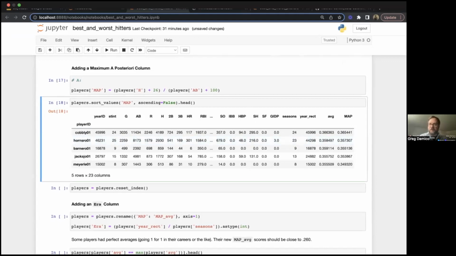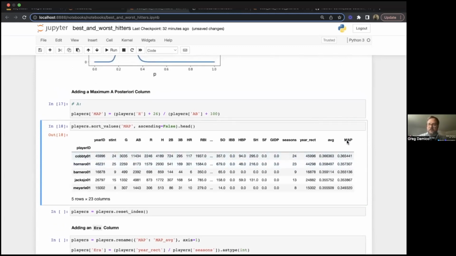Okay, and it looks like Ty Cobb's career average was around 366. And I've got this new column next to it now called MAP. And of course, it's going to be a little bit lower than that, because we started with this idea that Ty Cobb is an average hitter.